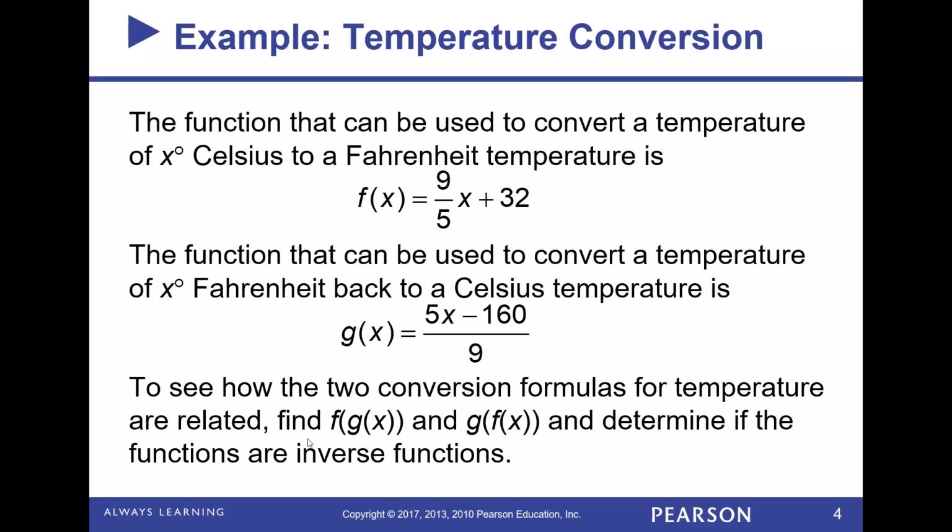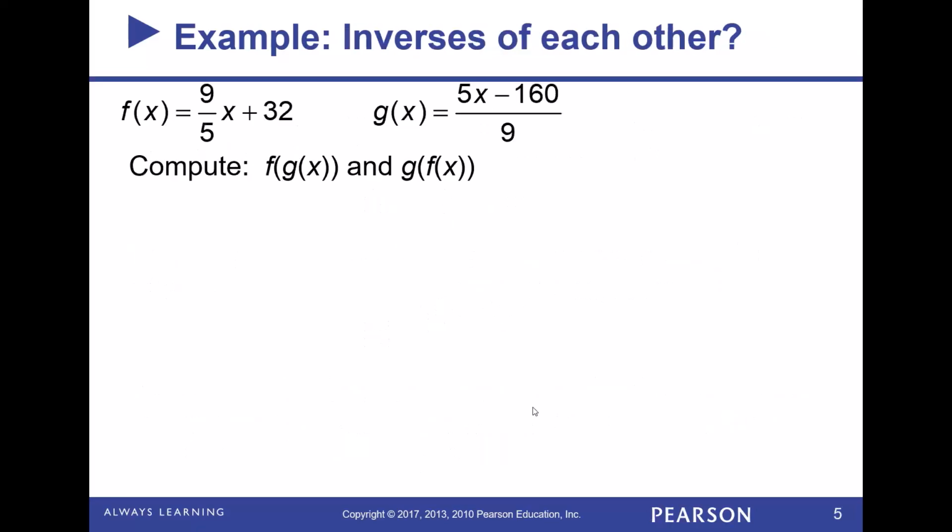To start us off, let's compute f composed of g first. For the visual learners, I'm going to make the f function red and the g function green, just to help with the color coding.